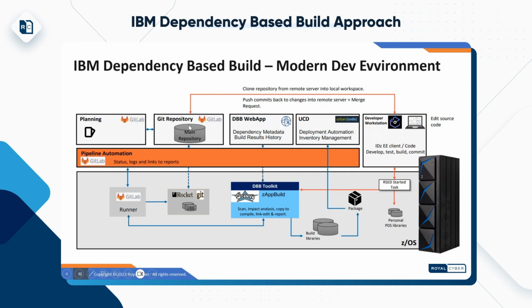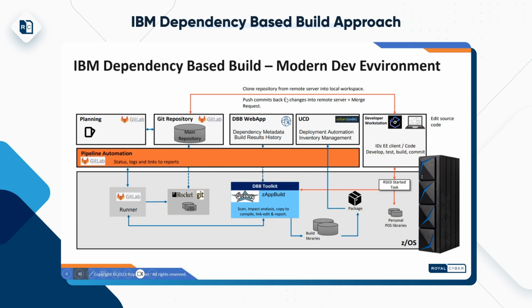So this helps to connect. This is a Git server. It helps you connect with your Git, which is Rocket Git, which runs as an agent on the mainframe operating system. This also helps with planning, and it also supports your pipeline automation.